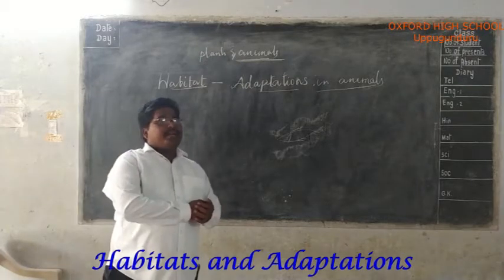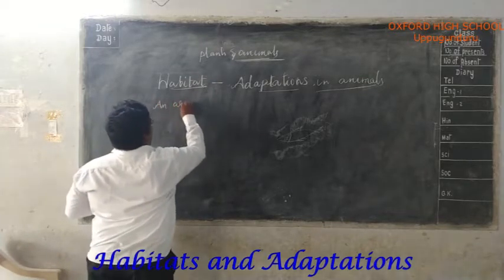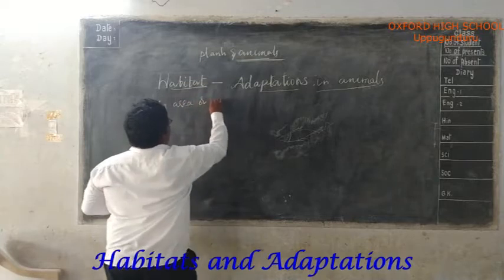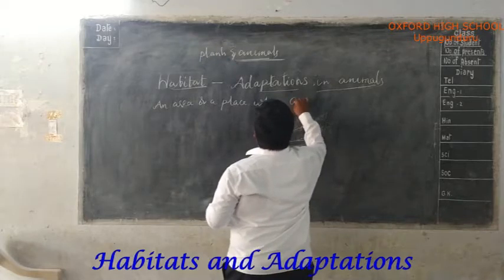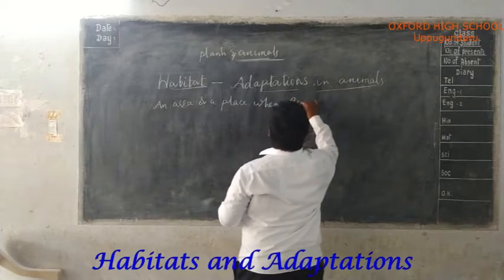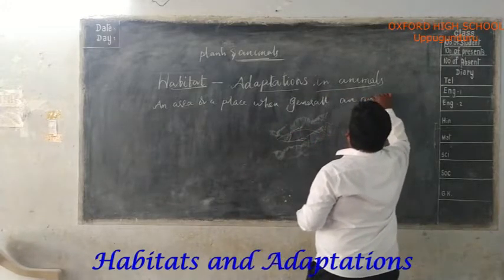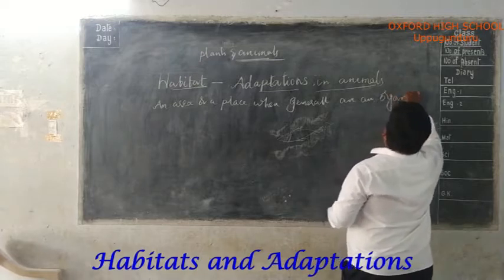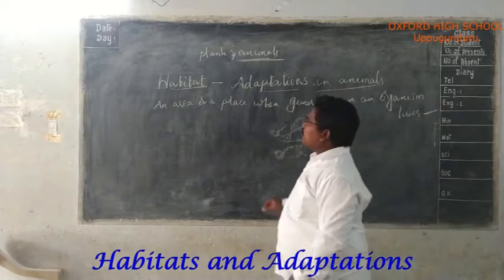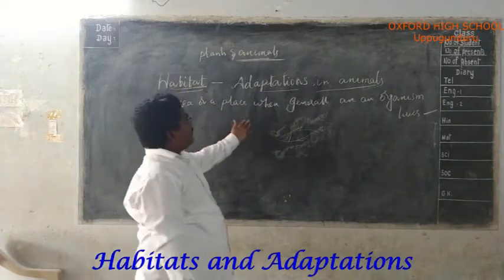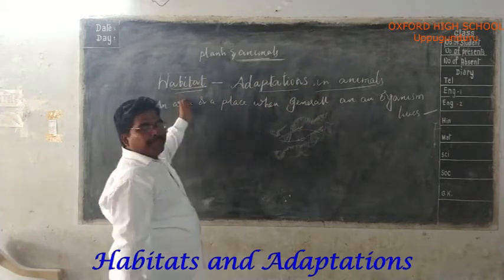So from this habitat, all the animals get what they need. An area or a place where generally an organism lives is called habitat.